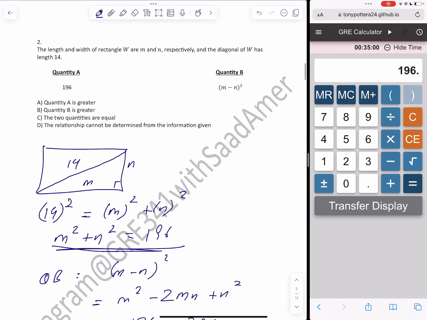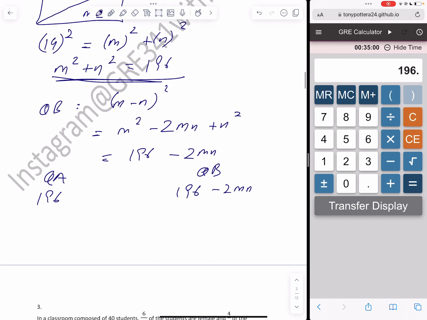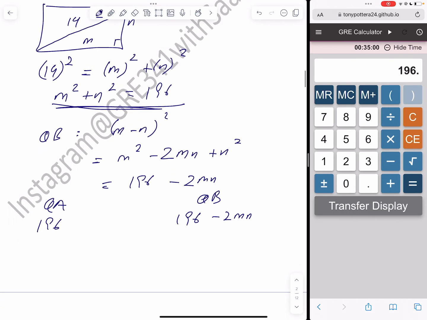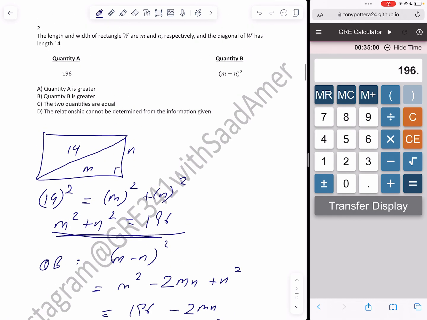So to find out which quantity would be greater, we have to see what the values of M and N could be.